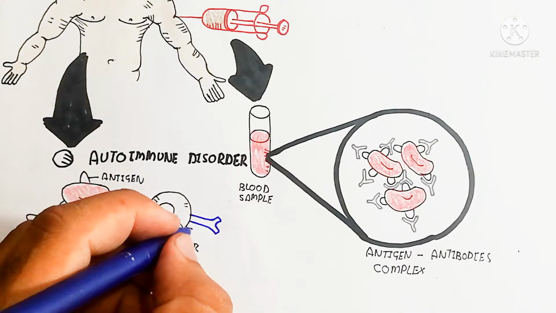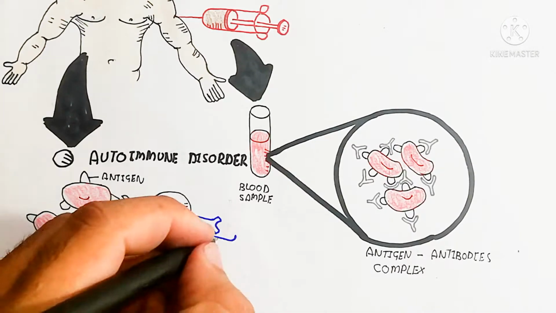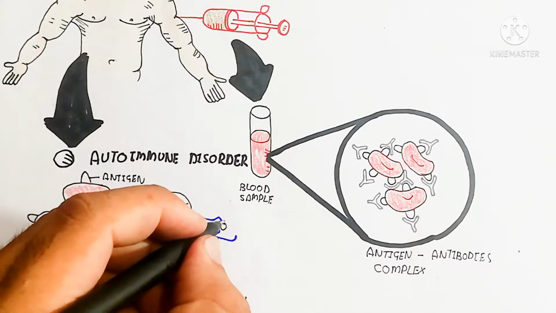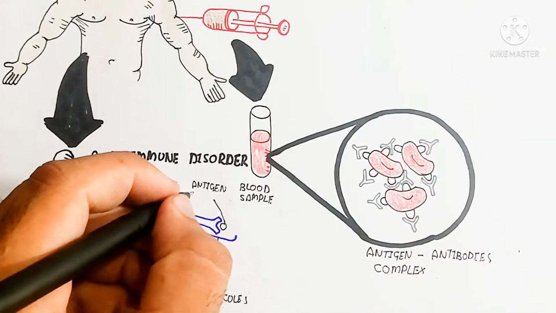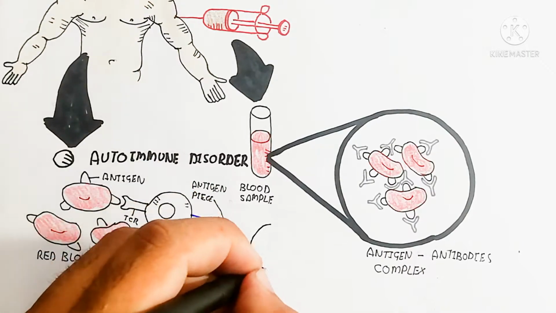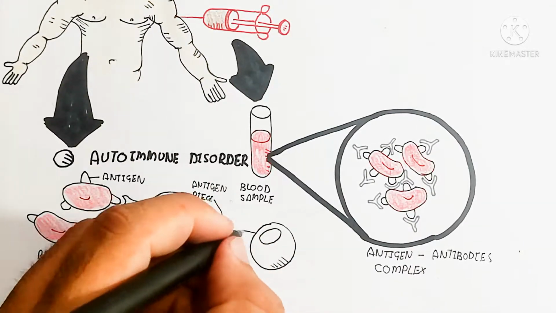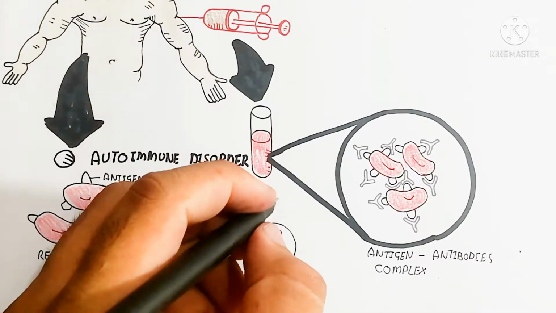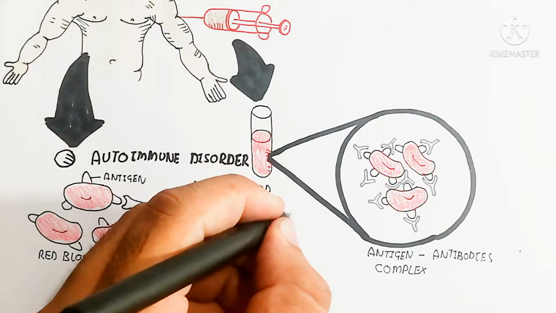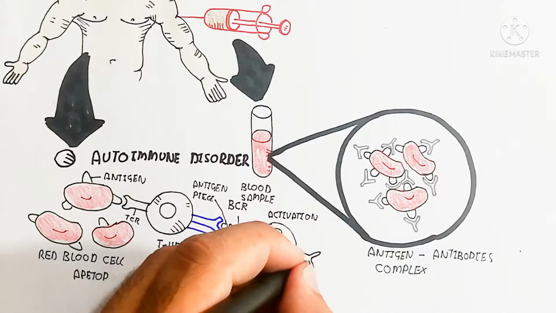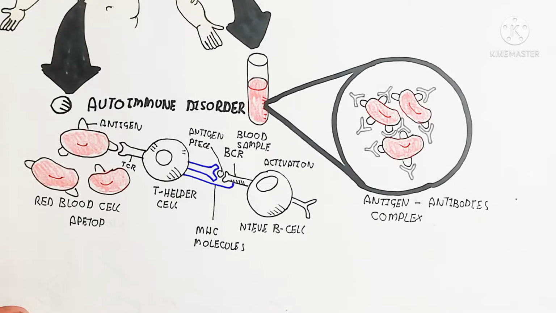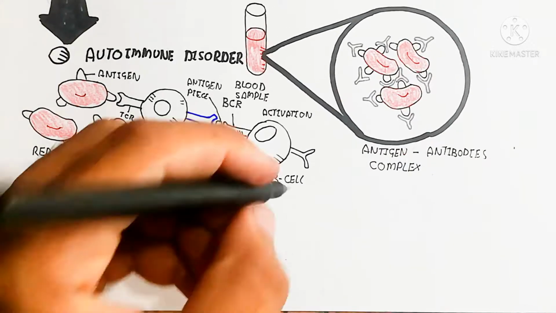Here we will discuss the autoimmune disorder first, to understand what it is and why hemolytic anemia is checked by a Coombs test. Here is the red blood cell which contains an antigen. This antigen is basically not against our body, but it becomes autoimmune.